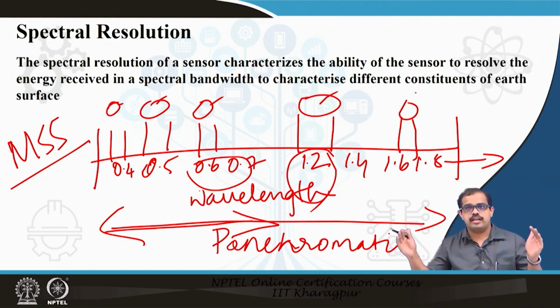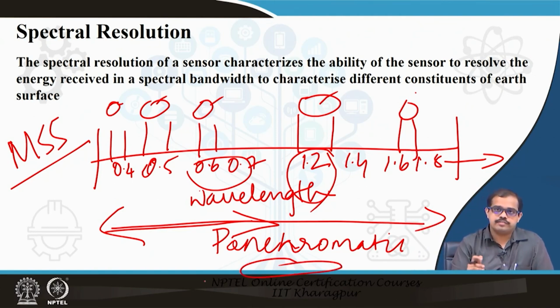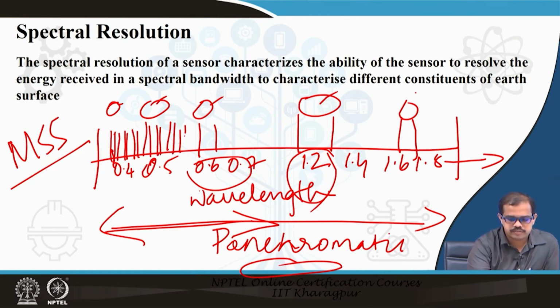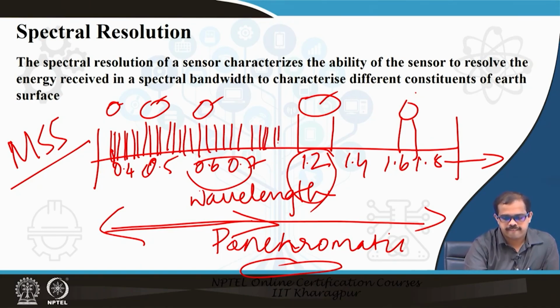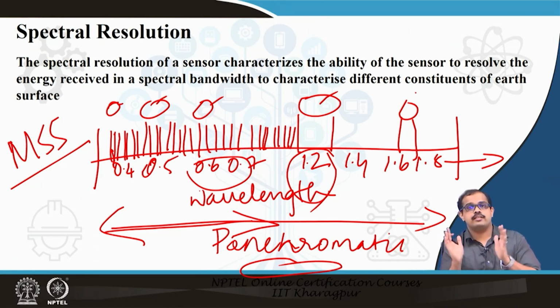If you are collecting everything in a single strip, then it is called panchromatic. Only one particular sensor or set of sensors captures the entire region. Now, the very interesting part is that if, instead of this, I capture a very narrow spectrum, then it is called hyperspectral sensing.